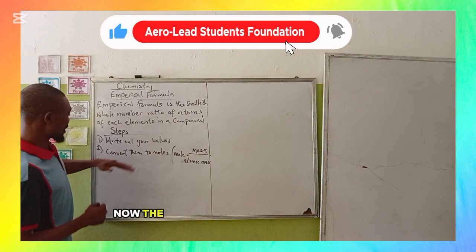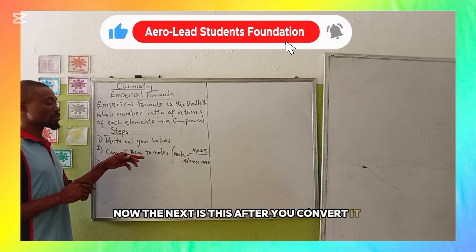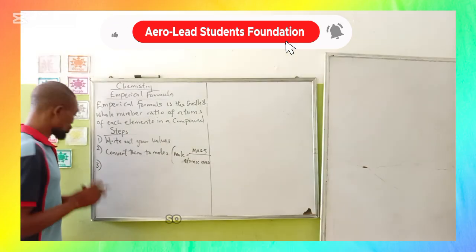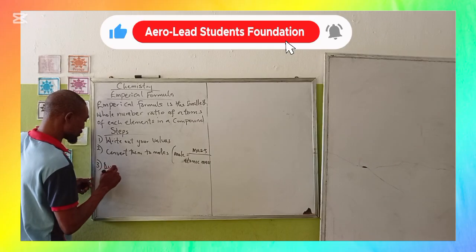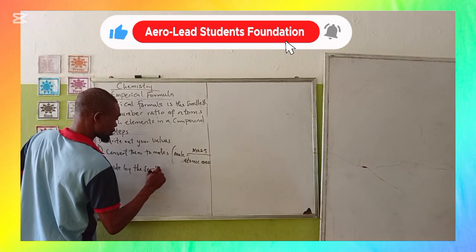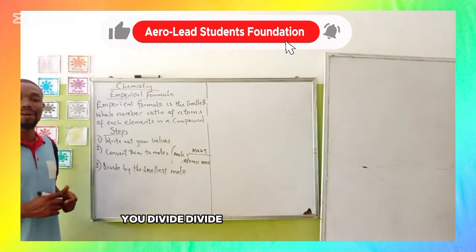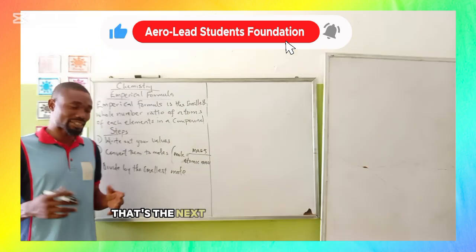Now, the next step you do is this. After you convert to mole, you divide by the smallest mole. That's the next step.